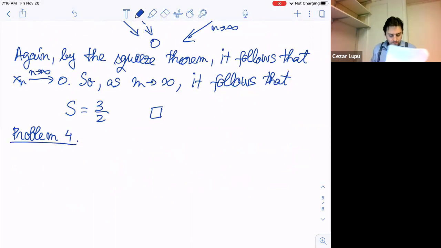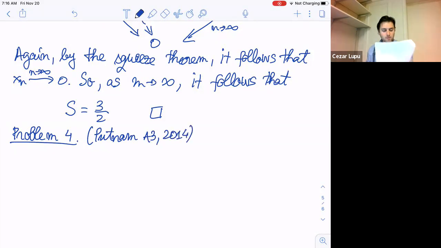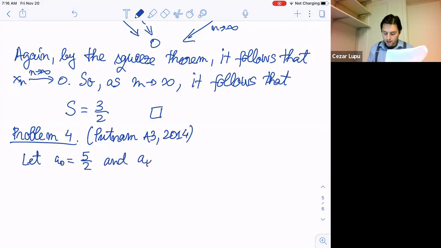So this was Putnam A3 in 2014. The problem says the following. Let a_0, in fact, it's a pretty standard problem, if you ask me, and a_k, because the recursion rings a bell already, a_k = a_{k-1}^2 - 2 for k greater or equal than 1.